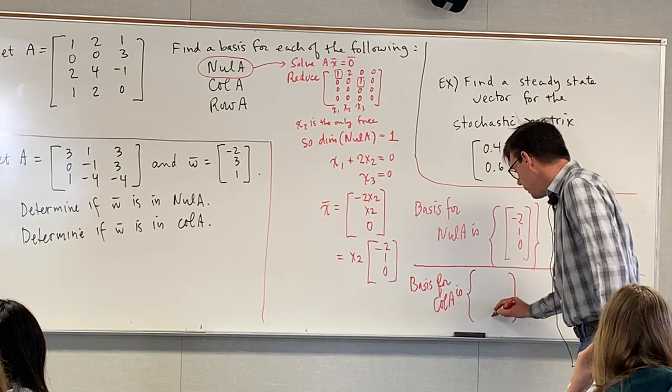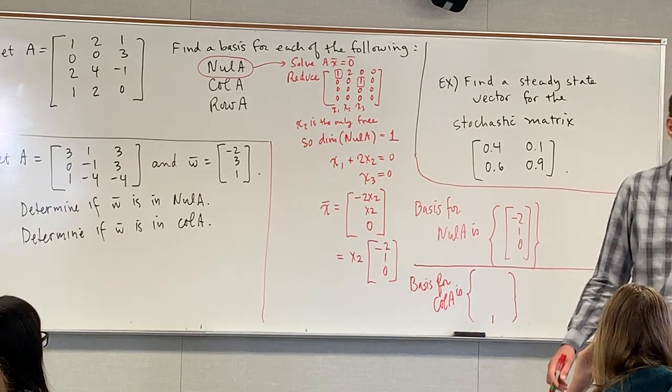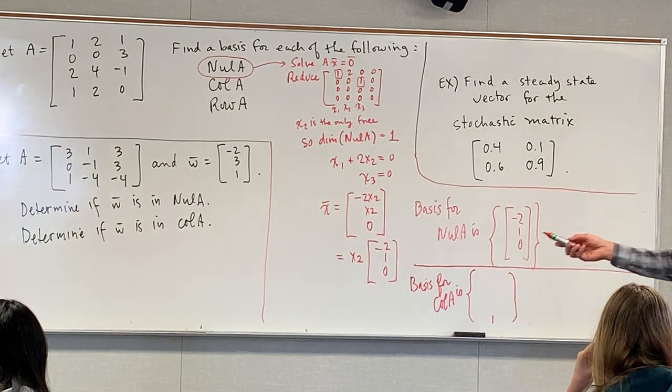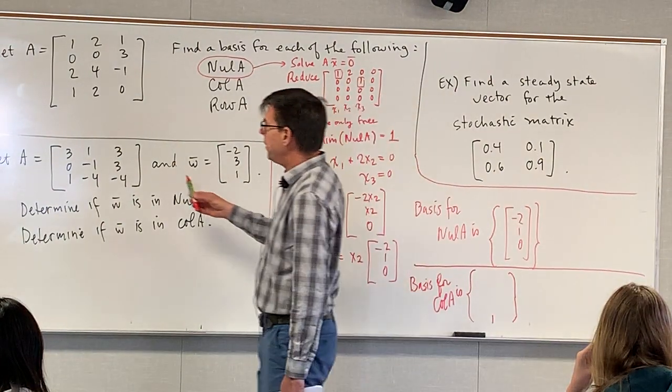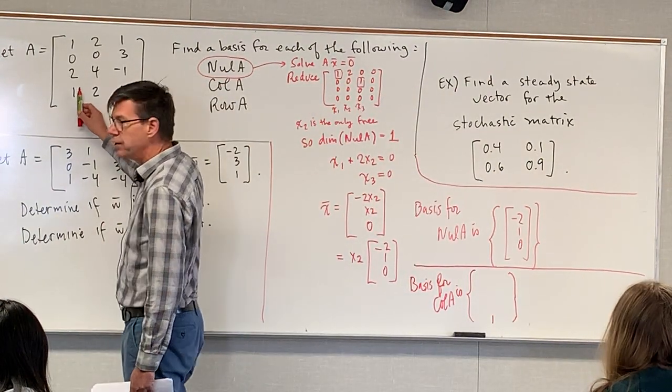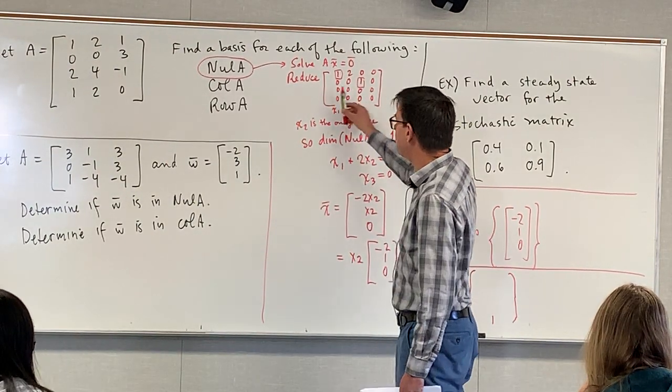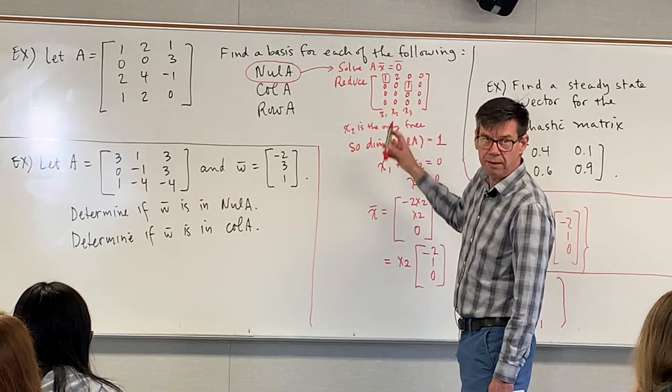And there's one thing you got to be careful about. Please don't make this mistake. Some people made it on the homework. To get the basis for the column space, you got to do what? You got to go back to the original matrix because the dimension stays the same, but when you row reduce, you actually get a different subspace from the 2 pivot columns.